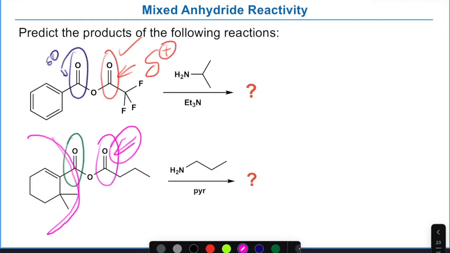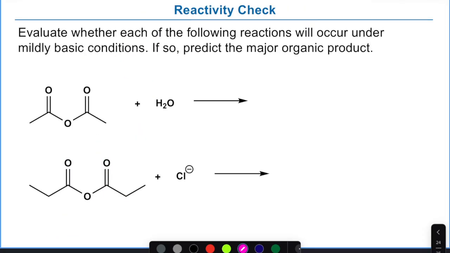All right, good. So in the end, what about these two? Do you think these reactions are going to proceed? And what do you think the major product is going to be under mild conditions? If we mix these together, what's going to happen?